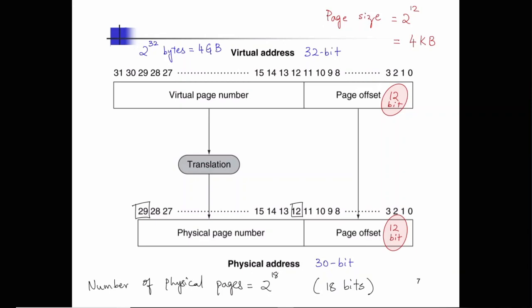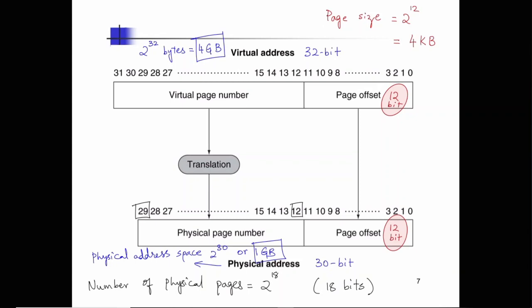And my physical address space is a 30-bit physical address space, so that's going to evaluate to 2 raised to 30, or 1 gigabyte of RAM. So as you can see, we are giving an illusion that we have 4 gigabytes of RAM, when in reality we have only 1 gigabyte of RAM.